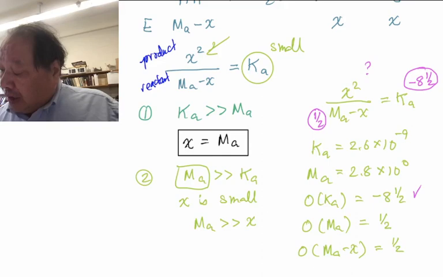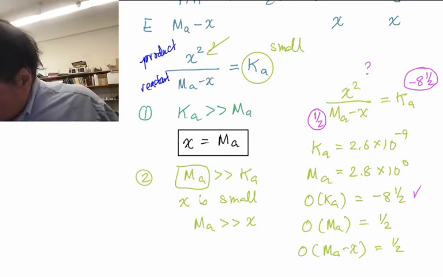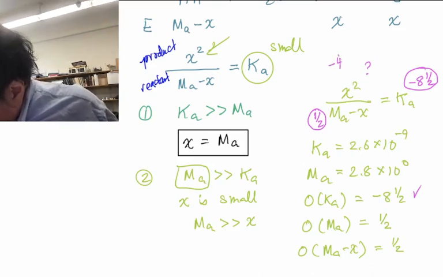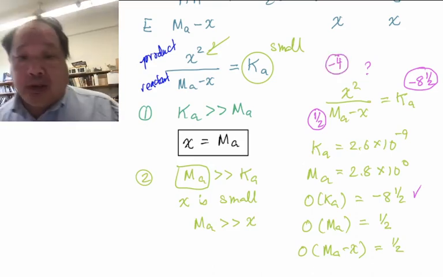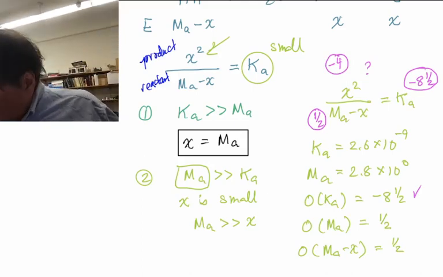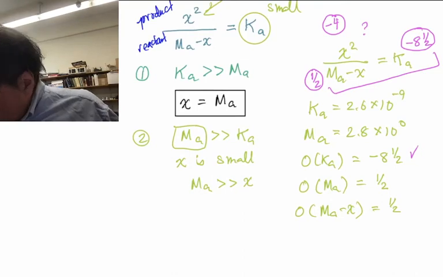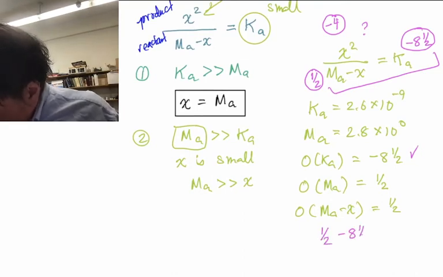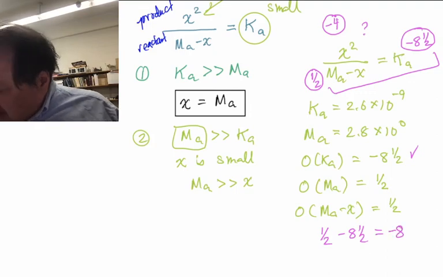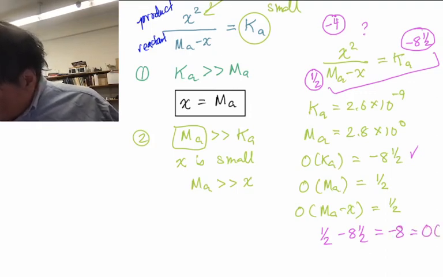So if you got that the answer was negative 4, you got the right answer. And why is that? Because remember that we combine these two numbers. So 1/2 minus 8.5 is negative 8, and that is the order of magnitude of X squared.